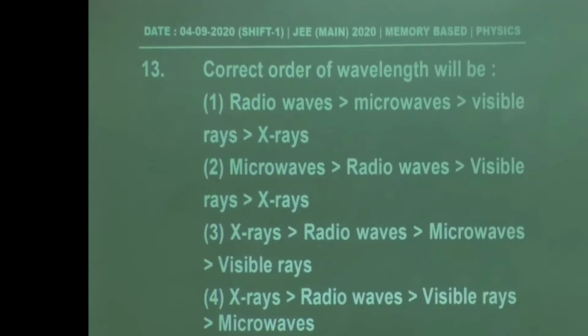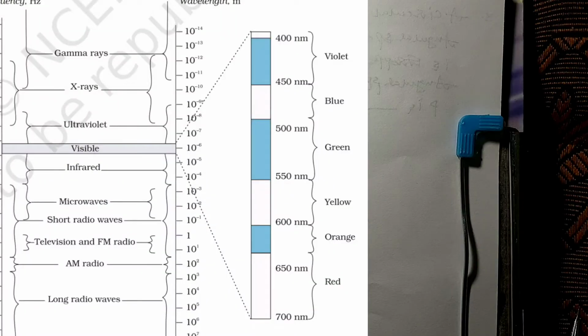Correct order of wavelength will be. Here we know that X-rays have high energy. They are high energy particles, so they have less wavelength. Radio waves have a high wavelength.